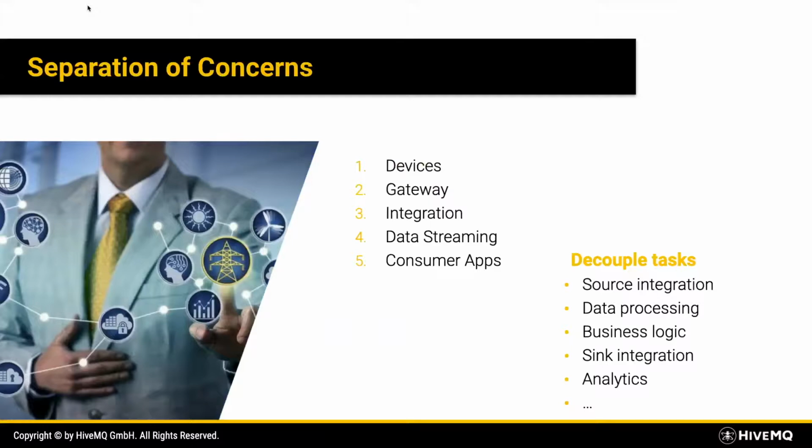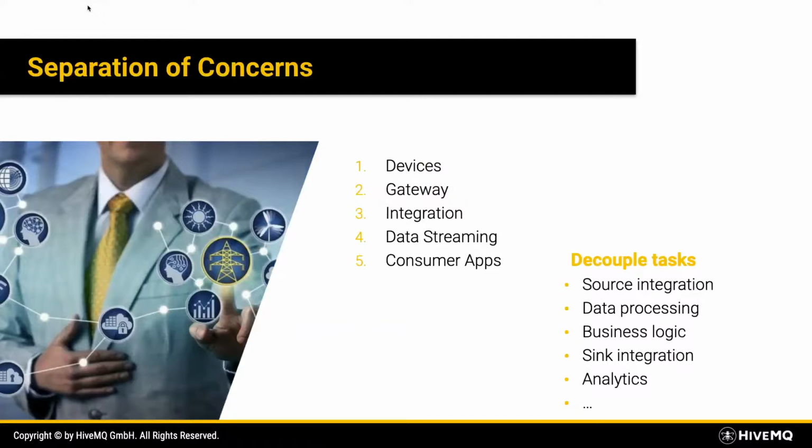Now, when looking at your end-to-end data processing pipeline that we showed, it's really important to know that you should separate your concerns. So you have concerns like devices and the gateways and the integration, data streaming, and consumer apps, and you should really not put all of that into, let's say, a single data sink and figure it out afterwards.